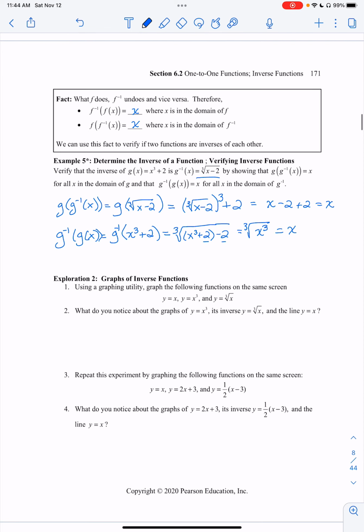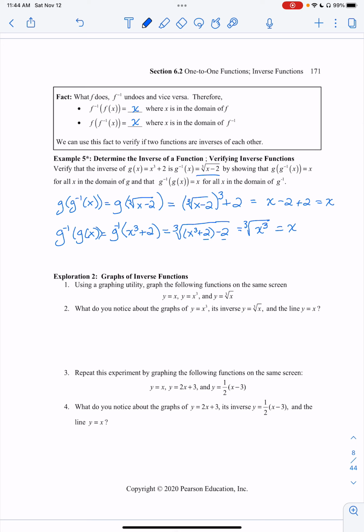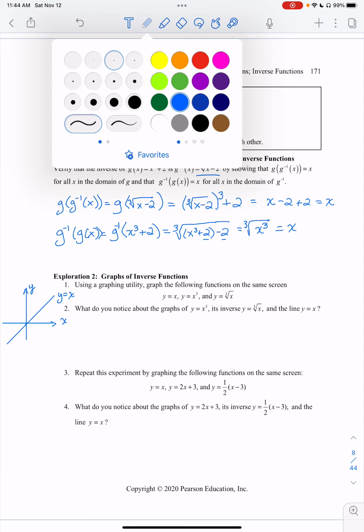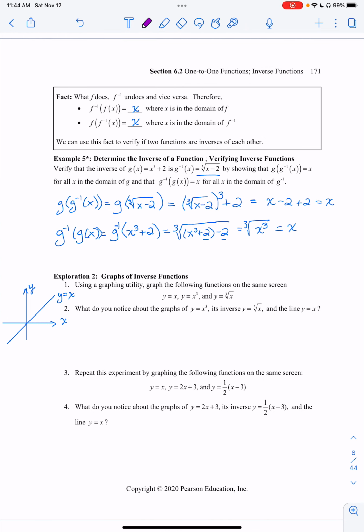If we look at using a graphing utility, if you graph these three functions, what you'll see is that y equal to x looks just like this right here, right? It's got a slope of 1 and it goes through the origin. So if this is x and this is y. If I look at y equals x cubed, so let me pick a purple, then I'm looking at something that goes up like this and then over and up like this, right?